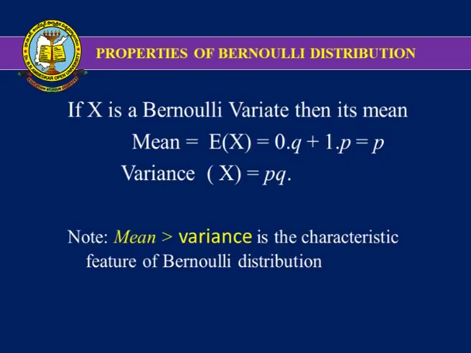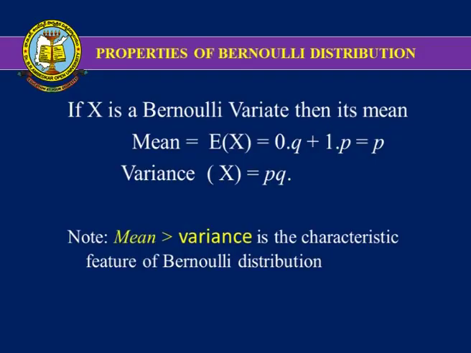If X is a Bernoulli variate, then its mean, in terms of mathematical expectation, is E(X) = 0 times q plus 1 times p, which equals p. So, the mean of the Bernoulli distribution is p. Just remember this mean; it is a very important property.